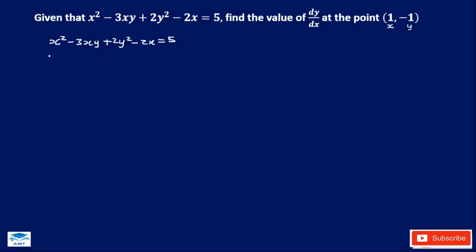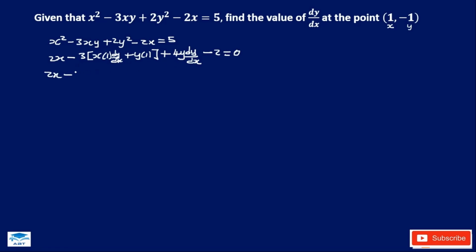So we differentiate x squared, and it's 2x minus, we bring 3 outside the bracket, we maintain x, this is a product, so we maintain x, differentiate y, which is 1, then dy/dx because we differentiated y, plus we maintain y and differentiate x, which is 1, plus we differentiate 2y squared, which is 4y, but we have to multiply the result by dy/dx, minus the differential of 2x is 2, is equal to the differential of 5 is 0.